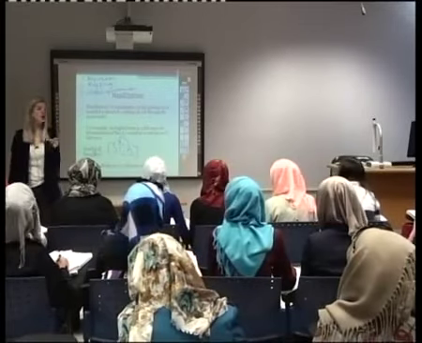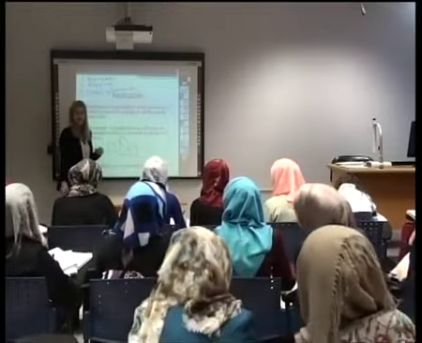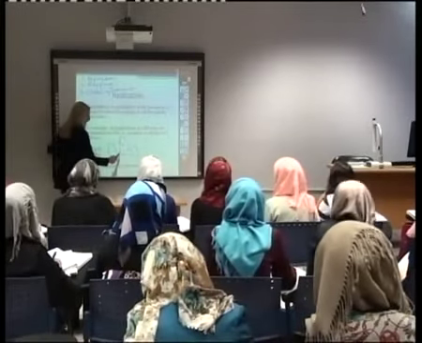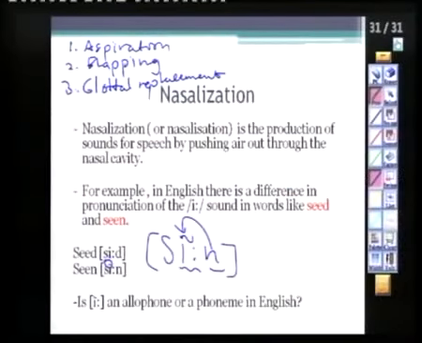So those oral vowels in English are affected by the nasal sound. The nasal sound is going to affect the pronunciation of the vowel E, and you're going to pronounce it seen. Your nasal cavity is going to be open when you pronounce the vowel E. Why is that? Because of the nasal? No. It's affecting the pronunciation of the E sound.